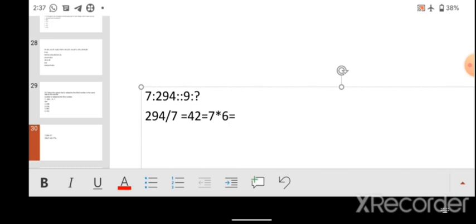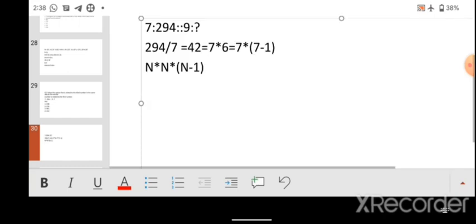So 6, how can we write 6? 6 can be written as 7 minus 1. So it's basically 7 into 7 minus 1. So if the number is n, then what we have to do? n into n minus 1.